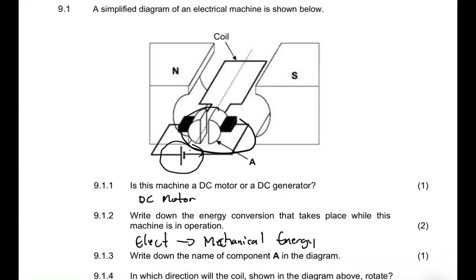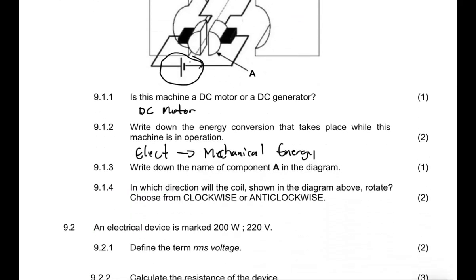There is a gap somewhere on a split ring. You can see here that we have a gap in between, right? So because we have that gap, it's a split ring and not a slip ring. So 9.1.3, we have split ring, right? And not a slip ring.